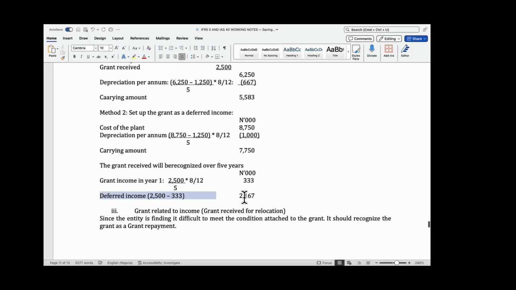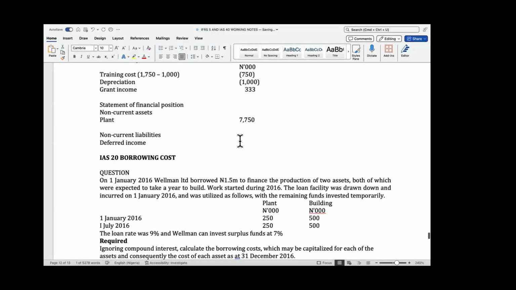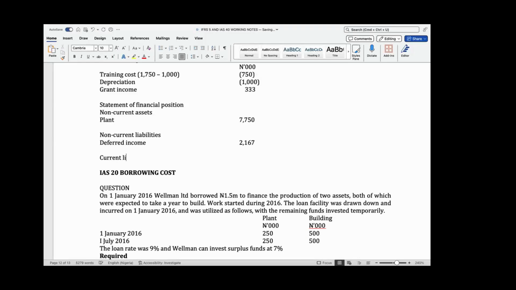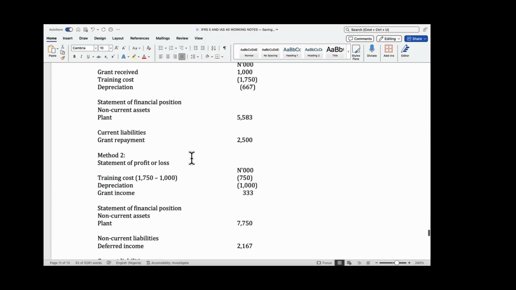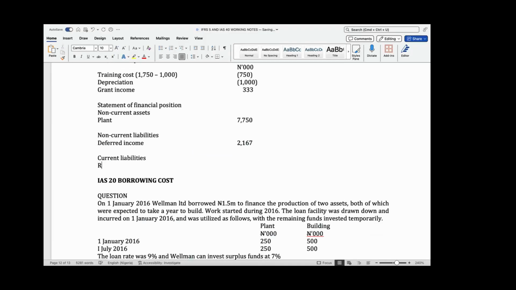The balance here is 2167. Under current liabilities, this repayment of government grants should be there too. And that's the end of this question, and that's the end of this standard.